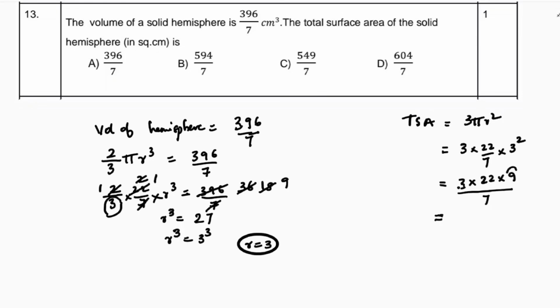See, 9 times 3 is 27. 27 times 2 is 54, times 11. So when you multiply with 11, it's 594, because you can write 5, 4, 5 plus 4, 9, by 7. So 594 by 7 centimeter square. So the correct option is B.